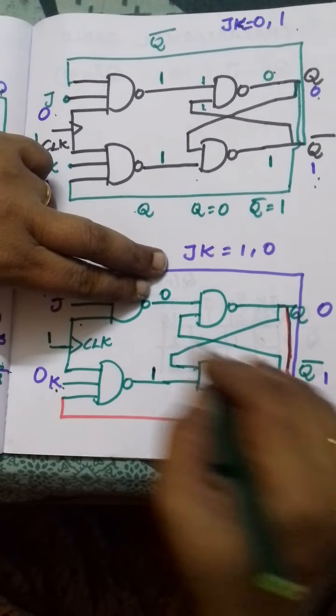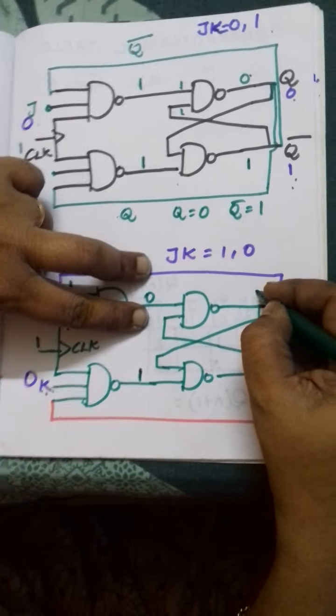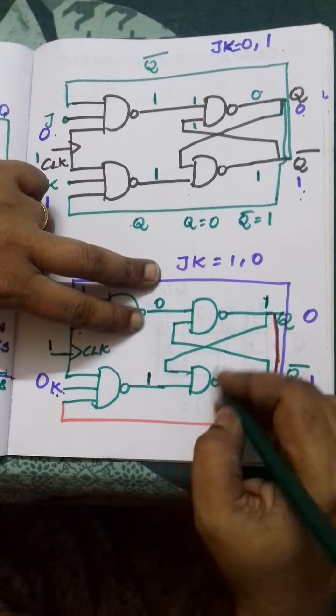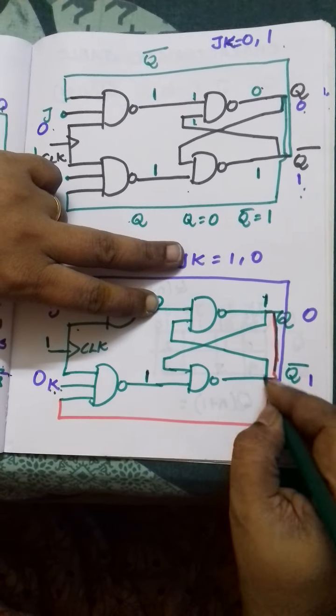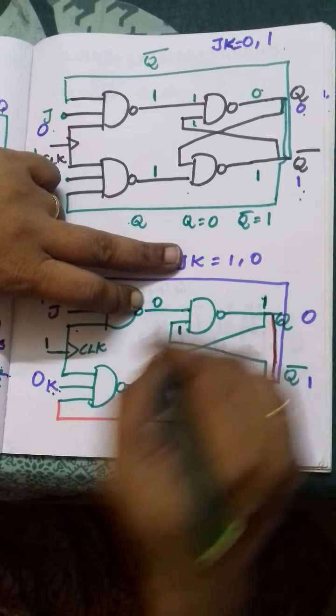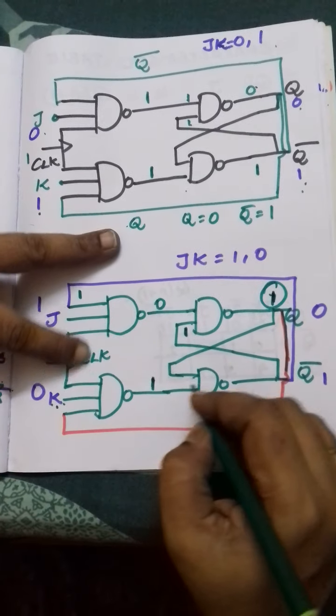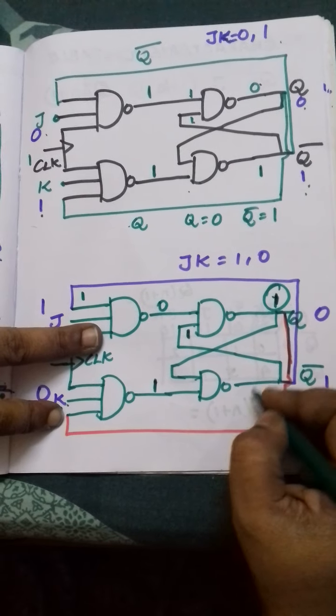Now look at here, 0 and 1, so the output will become 1. If it is 0, 1, any one input is 0, the output will become 1. So here the output is 1. And look at this, 1 and 1, the output will become 0.